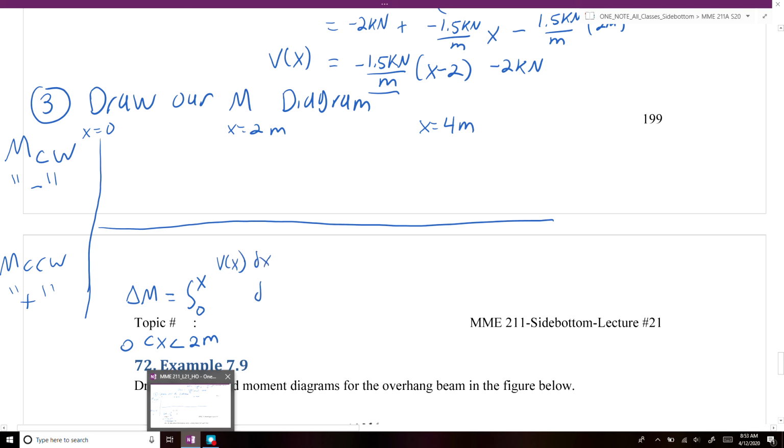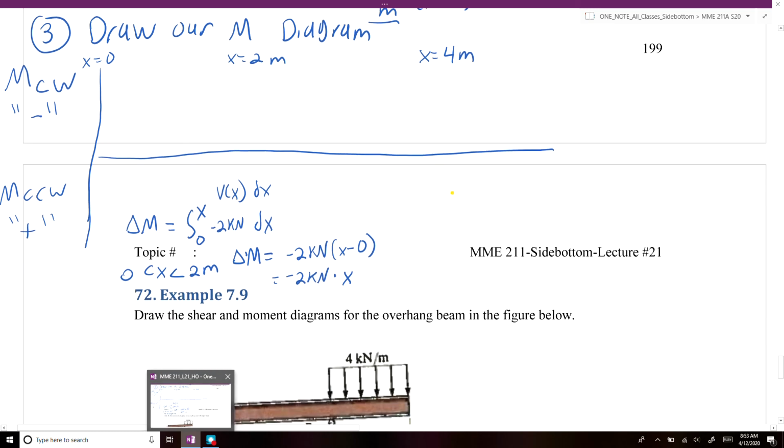So v of x from 0 to 2 meters was just equal to minus 2 kilonewtons. So our delta m would be equal to minus 2 kilonewtons times x minus 0. So it's going to be equal to minus 2 kilonewtons times x.